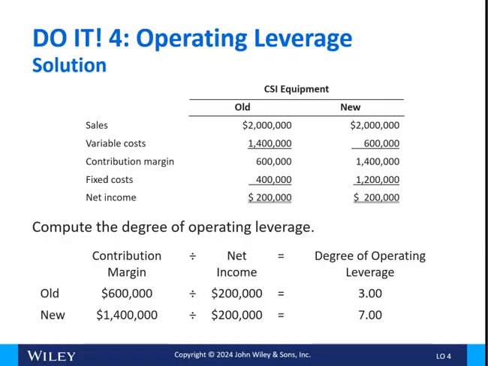It's over twice what the operating leverage was under the old. So it's much riskier in terms of operating leverage to go with the new scenario because of our higher fixed costs. A dollar drop in sales is going to give us a bigger loss on net income than a dollar loss under the old scenario.